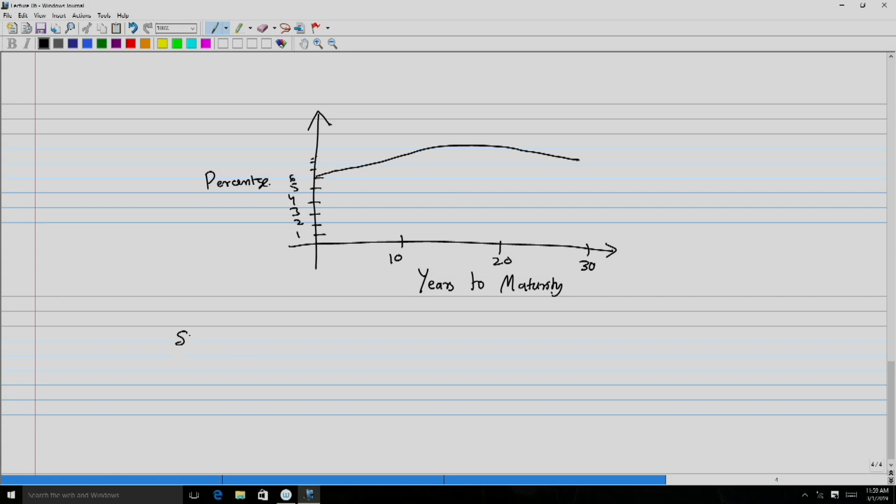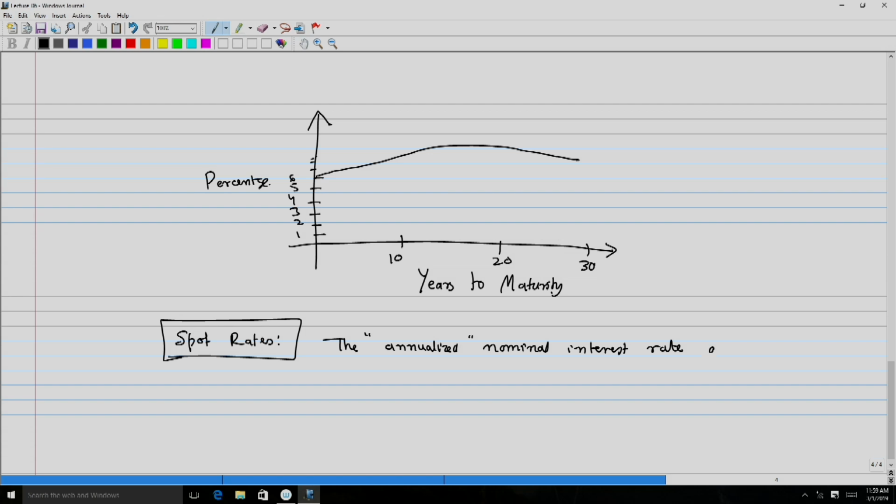So, next I start looking at what are known as spot rates, and this is a very important concept in interest rate modeling. The spot rate is defined as follows: the annualized nominal interest rate, remember I am talking about the annualized nominal interest rate, of a pure discount bond is called the spot rate.